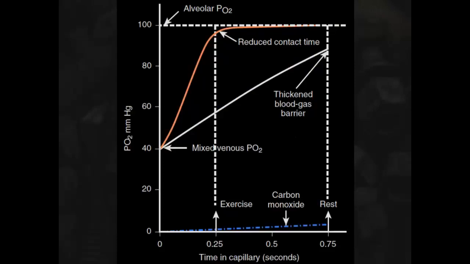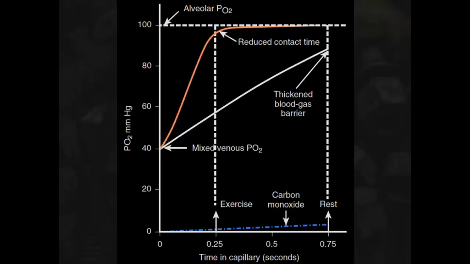The hemoglobin molecule in an RBC gets in contact with the membrane, and then it fills up with oxygen in only a quarter of a second, and then it spends half a second still in contact, but without holding on to more oxygen.